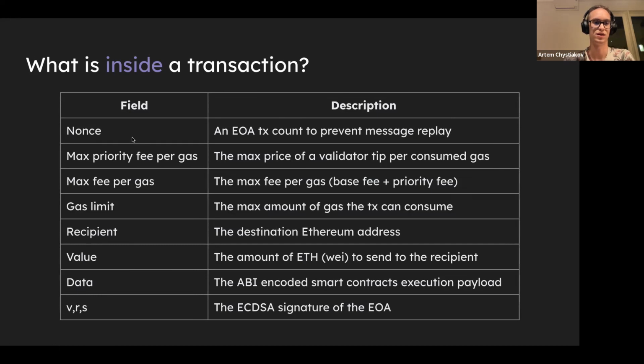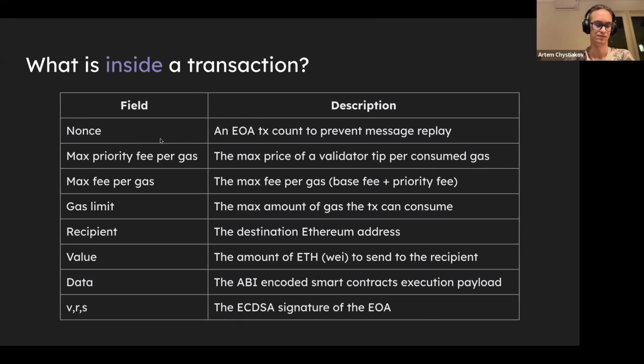If we look closely at the fields, we have a nonce field. It is actually one of the most important ones because it is the special number that prevents transaction replay. Basically, it is the special counter that Ethereum maintains, and it means how many transactions the externally owned account has initiated.